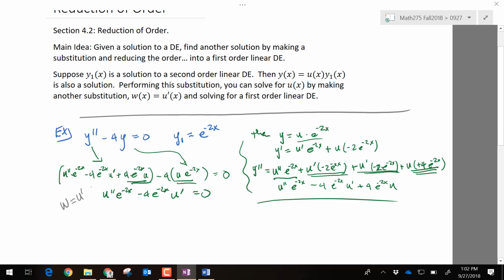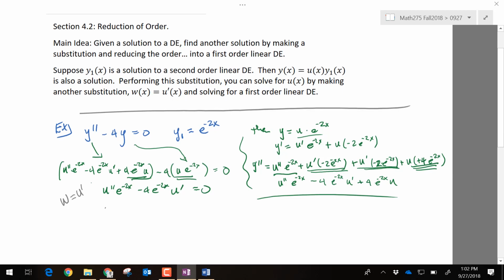So u double prime is w prime, right? Can we solve for this? Now it's a first order differential equation. I think we can divide by e to the negative 2x. So let's divide that out.